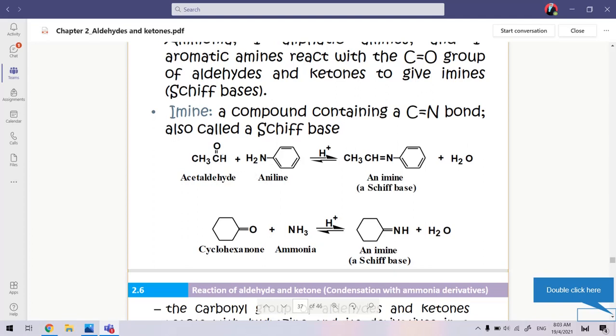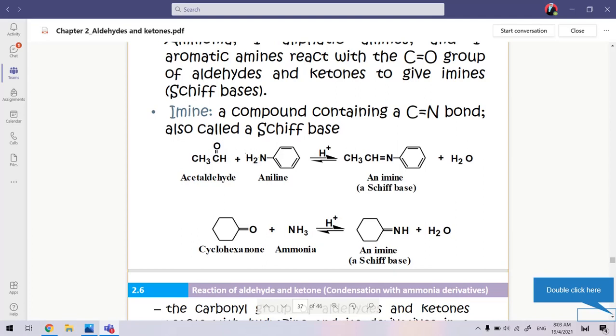So this hydrogen will be removed from the nitrogen, and this oxygen will be removed. Okay, so here H2 also will be removed.